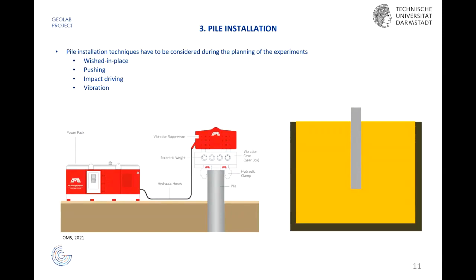The nice thing here in our scale is that we don't need to have miniature actuators to put them in, but we need something in between the real scale and the centrifuge scale. But of course, you should only do that if you also want to model the effect of this installation, or you have to take that into account then.